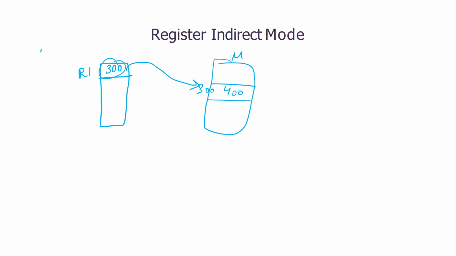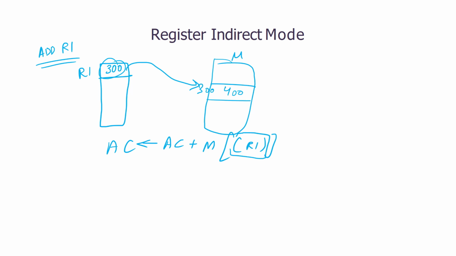If there is instruction add R1 in the register indirect mode, what we have to do is accumulator plus this. So we have to use this R1 value as the effective address, and we have to go to this location to get the value of the operand. So this 400 will be added to the accumulator.